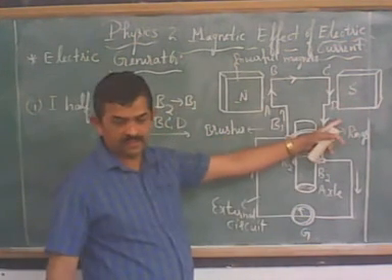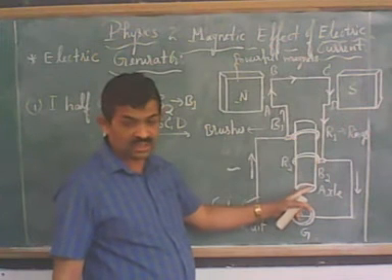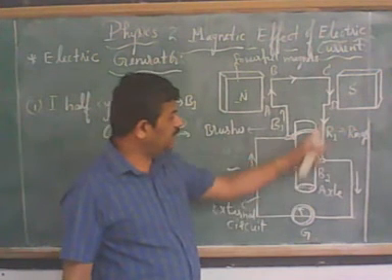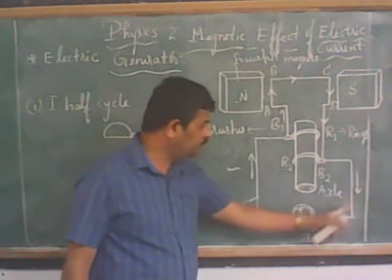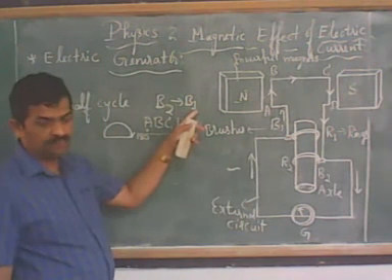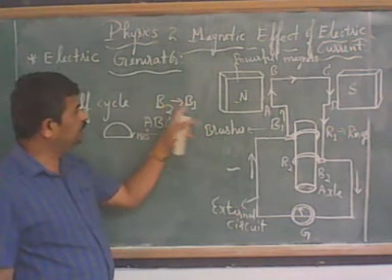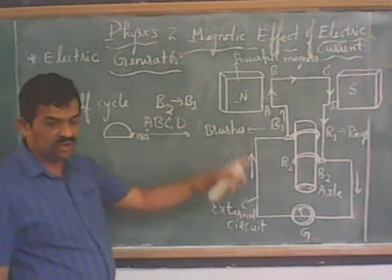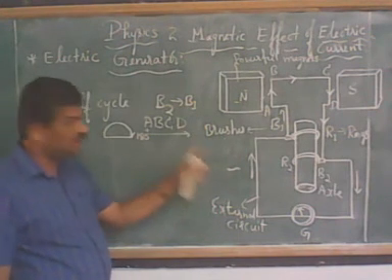In the external circuit, the current moves D to B2, B2 to the galvanometer to B1.